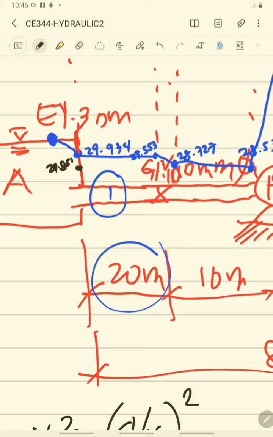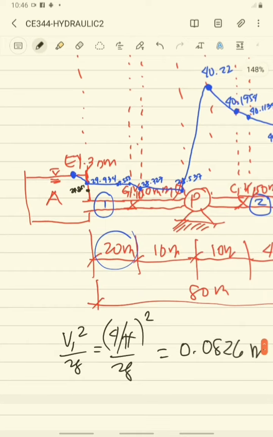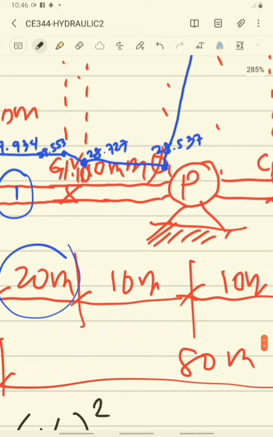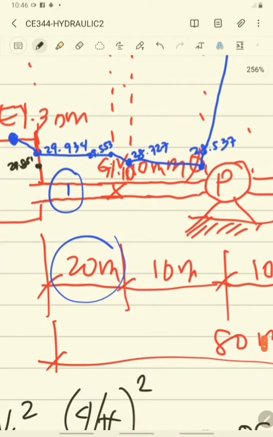Then here, 29.553 minus 0.0826, so you have 29.8.